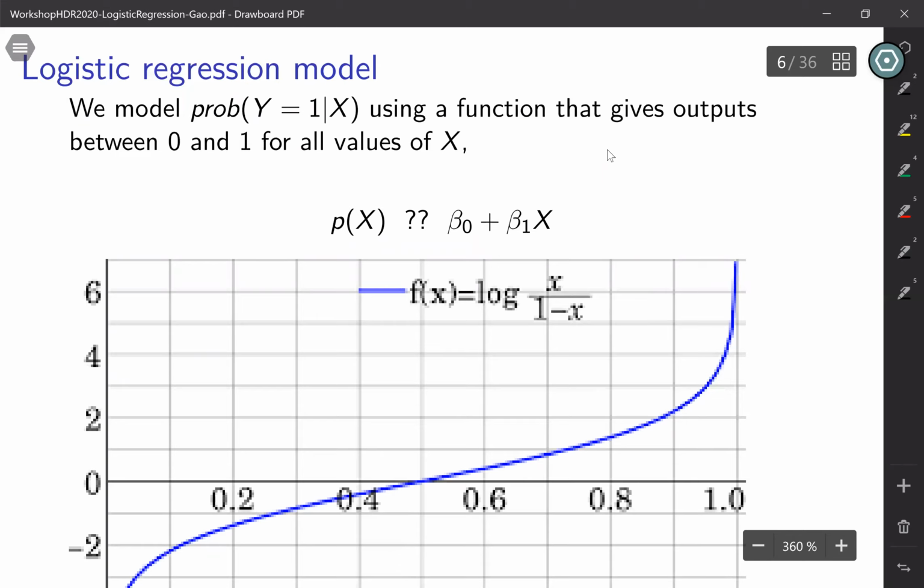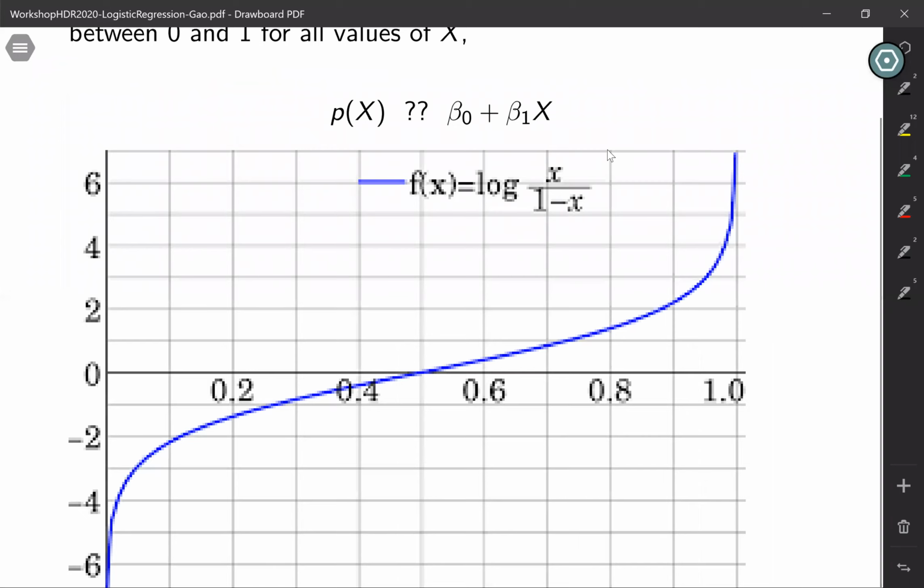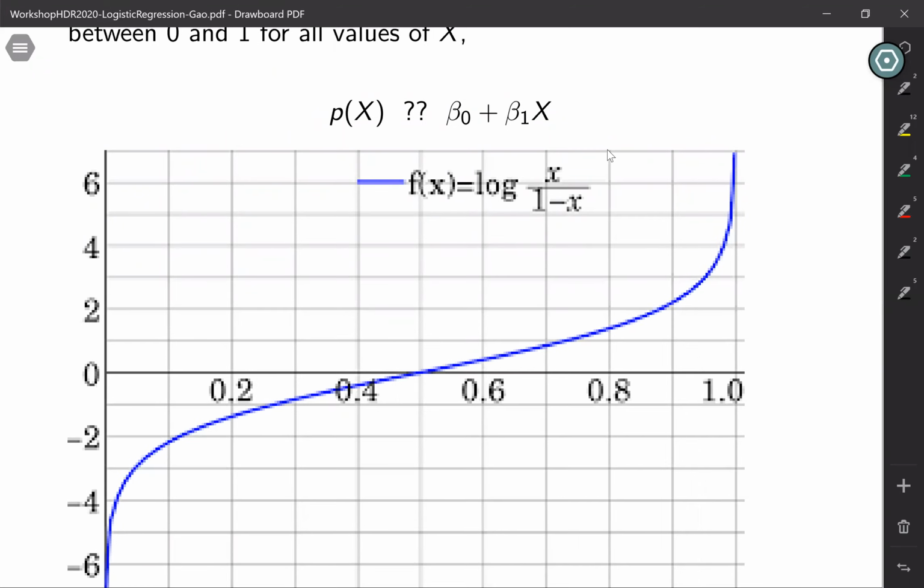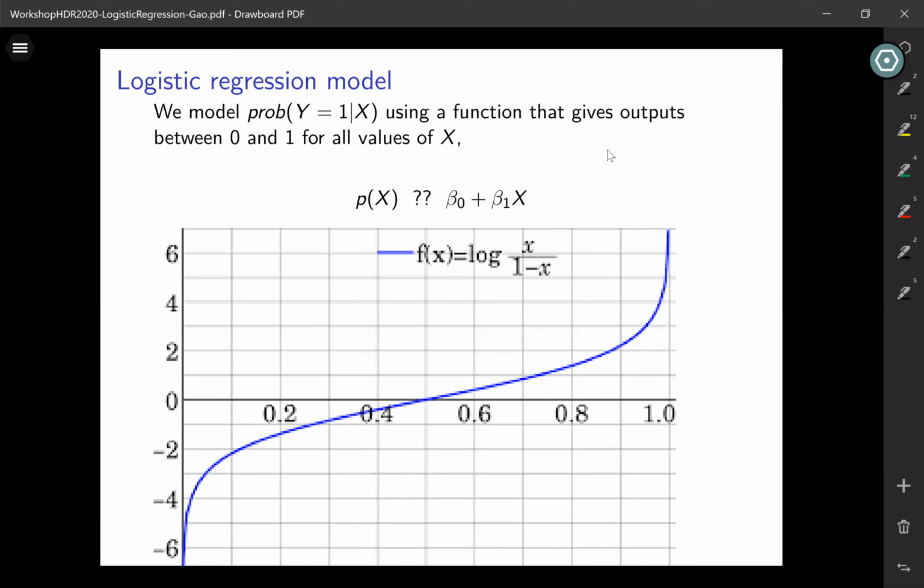Before I give you the official logistic regression model, let's recall there is a function called the logit function. If you have taken calculus, the graph of the logit function looks like this. The range is from negative infinity to positive infinity, and the function is in this format, log of x over 1 minus x.